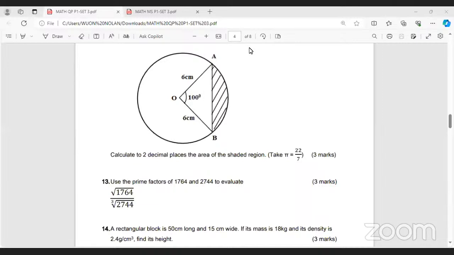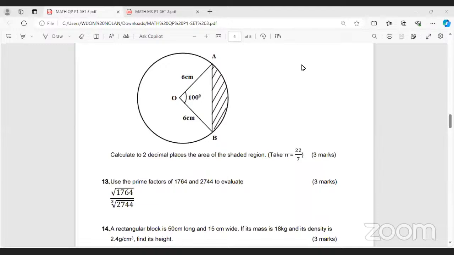So if I can read through the answers that we've gotten. We are having 13.70, another individual 13.70, another individual 13.7 centimeters, another individual 13.69, someone else giving 13.69 centimeters squared, 13.7, 13.70, and other answers.